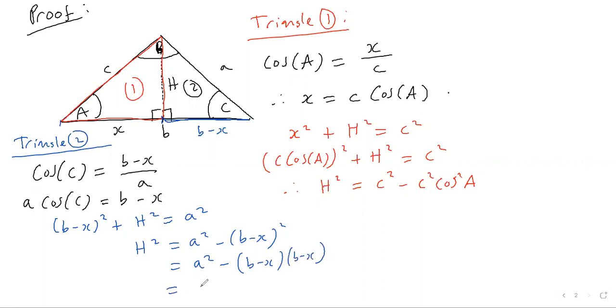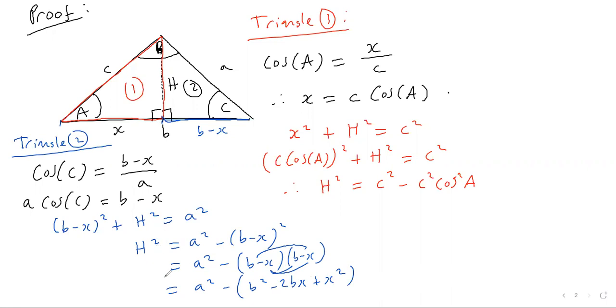So we get a squared, take away b squared, and then b times minus x, which is minus bx, and then minus x times b, another minus bx. So we get minus 2bx, and then plus x squared at the end. So we now have a formula for h squared.